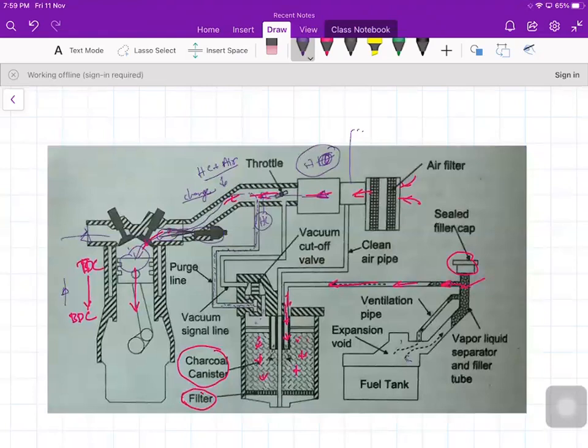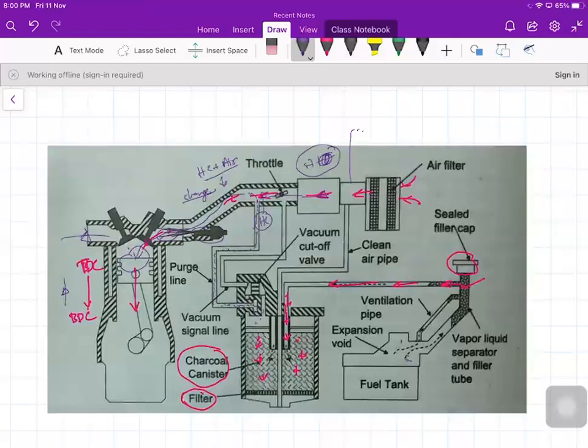Now there are some statistics, some values, which tell how much percentage is the contribution of hydrocarbon emission from various components of the evaporative emission control system, like the fuel feed line, fuel return line, filler hose, vent lines, evaporative lines, filler cap and packing, and fuel damper.